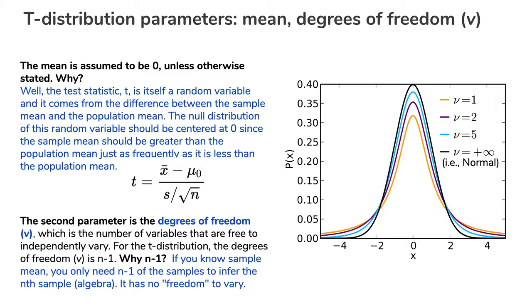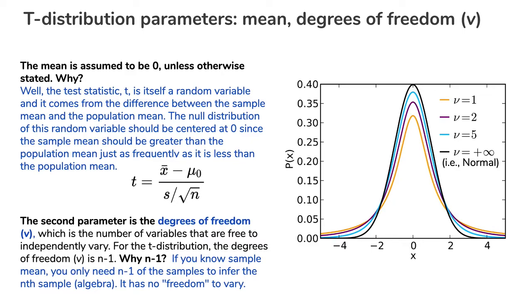So in the t distribution, the number of variables that are free to vary is the sample size minus 1. And the reason it's minus 1, and I think this is counterintuitive to a lot of people at first glance, but if you think through it, you know the mean already. You've computed the sample mean. So if you have the sample mean, only n minus 1 of the actual values that went into that mean are free to vary.